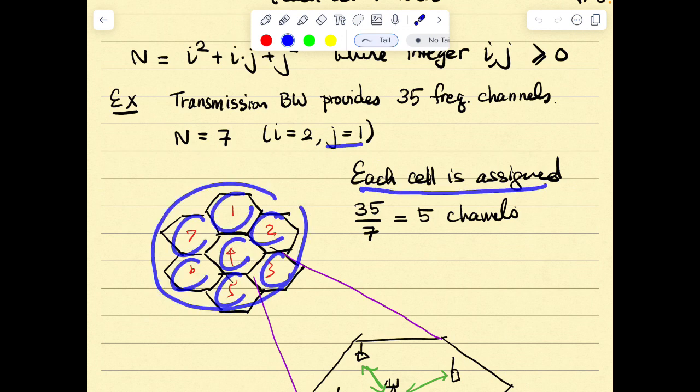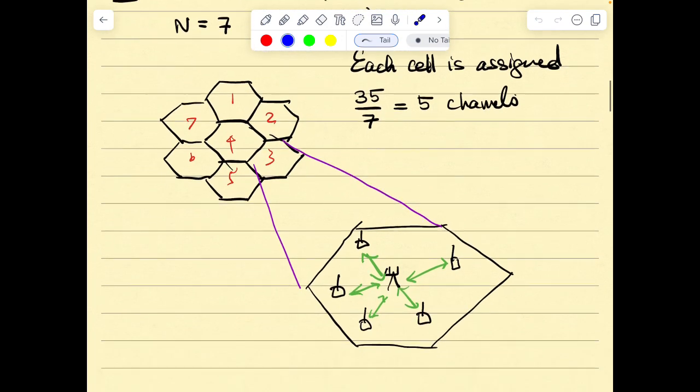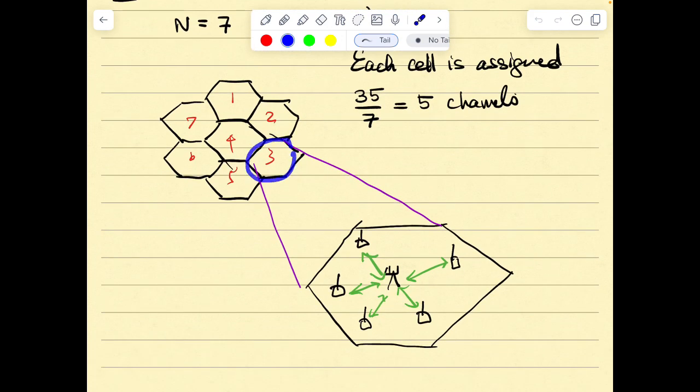Each cell will be assigned 35 divided by 7, so each cell provides 5 channels to connect users. For example, if we're looking at cell number 3, there's a base station at the center. It can connect 5 users at the same time. All the other cells are doing the same.